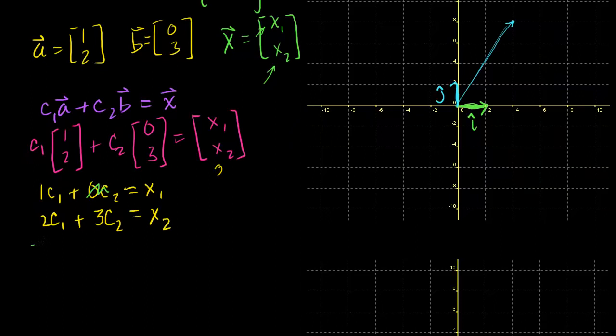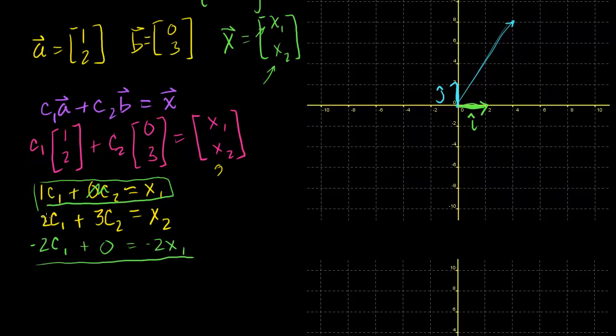So we get minus 2c1, I'm just multiplying this times minus 2, we get a 0 here, plus 0 is equal to minus 2x1. And then you add these two. You get 3c2, right? These cancel out. You get 3c2 is equal to x2 minus 2x1. Or divide both sides by 3. You get c2 is equal to 1/3 times x2 minus x1.